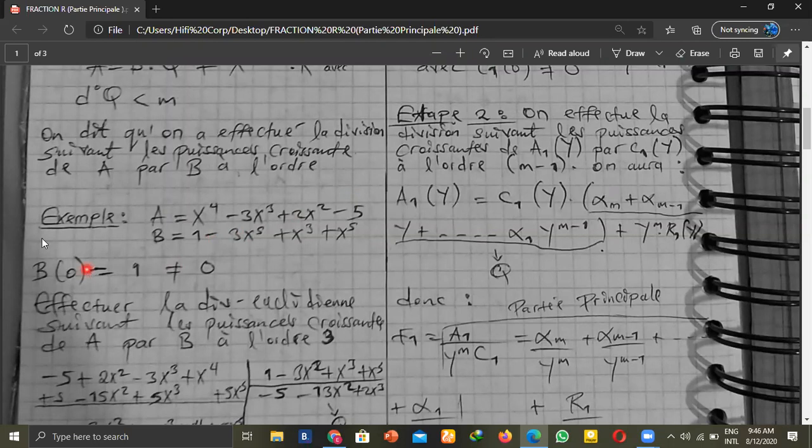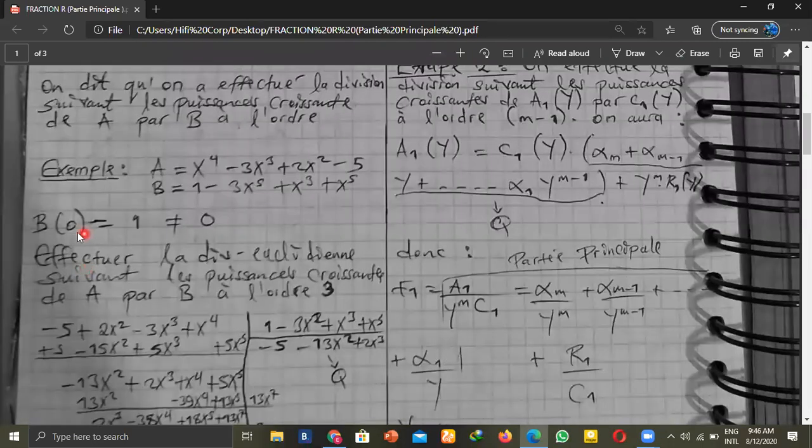First of all, B(0) is not equal to 0, right? Because when you put 0, it will be this. So effectuer la division euclidienne suivant les puissances croissantes de A par B à l'ordre 3. So we're going to stop at order 3, when our coefficient reaches 3.